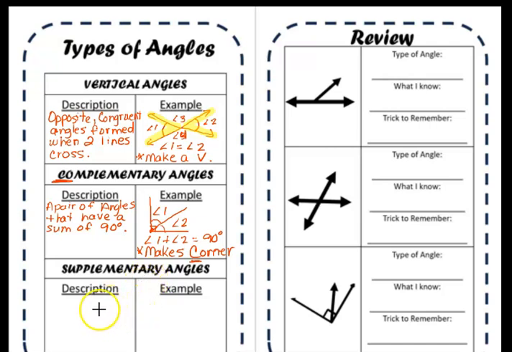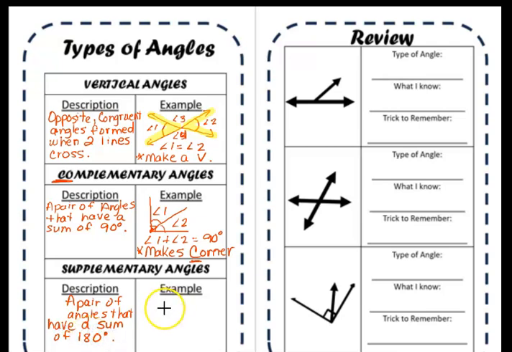We also need to talk about supplementary angles. Supplementary angles are a pair of angles that have a sum of 180 degrees.